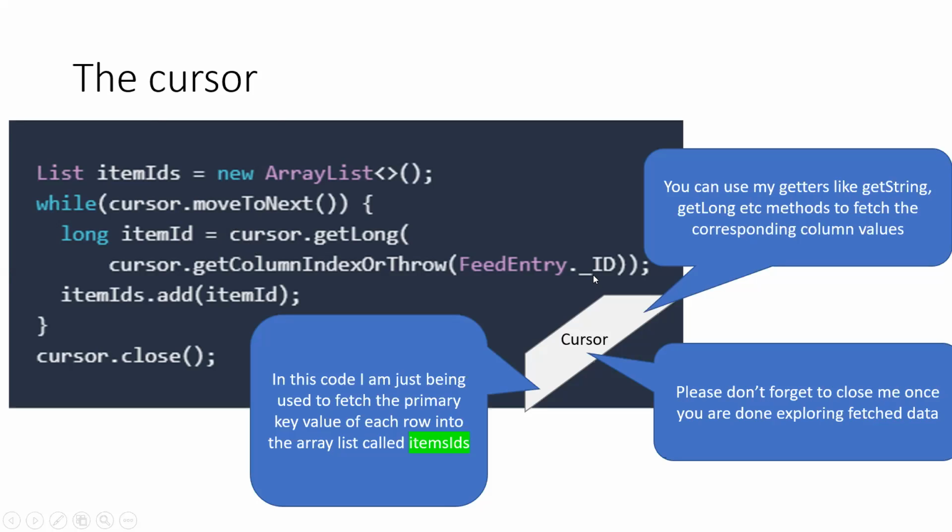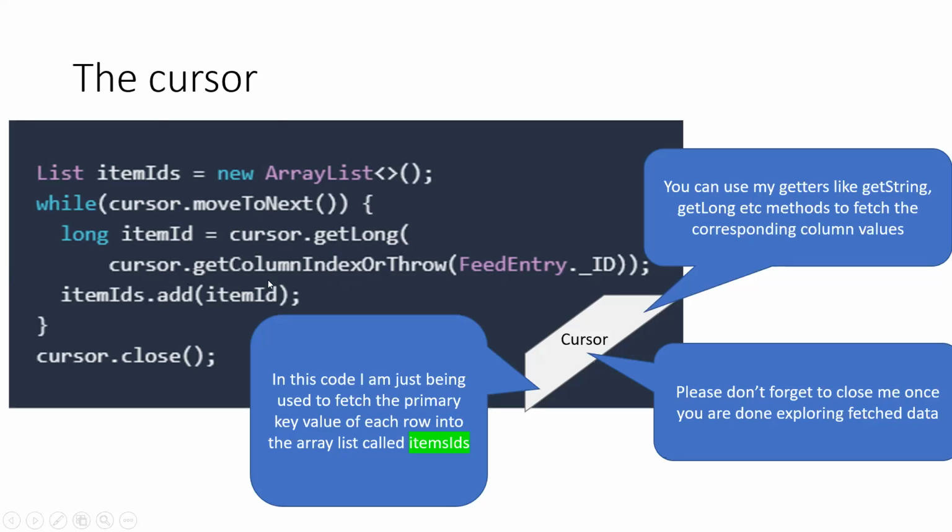You want to typecast it into long, so you call the getter method cursor dot get long. In that case you use the method get column index or throw, because if there is some problem, you want to throw an exception.